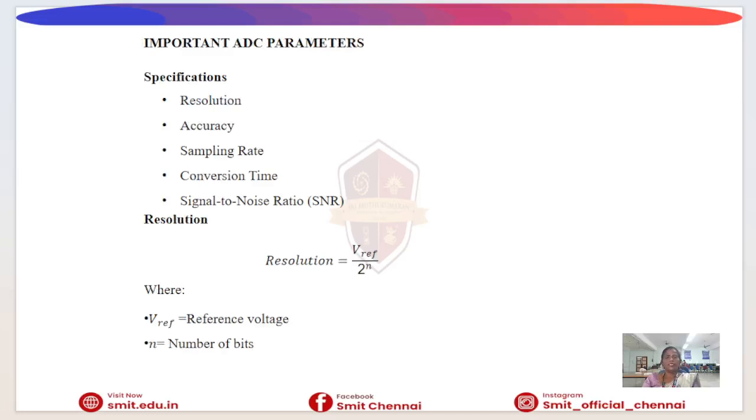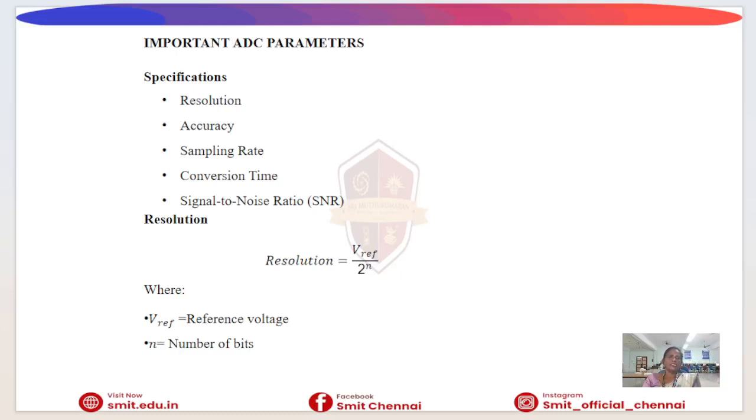When selecting an ADC, several performance parameters must be considered. Resolution indicates the smallest change in input signal that can be detected by an ADC. Accuracy shows how closely the digital output matches the actual analog input. Sampling rate specifies how many samples are taken per second.